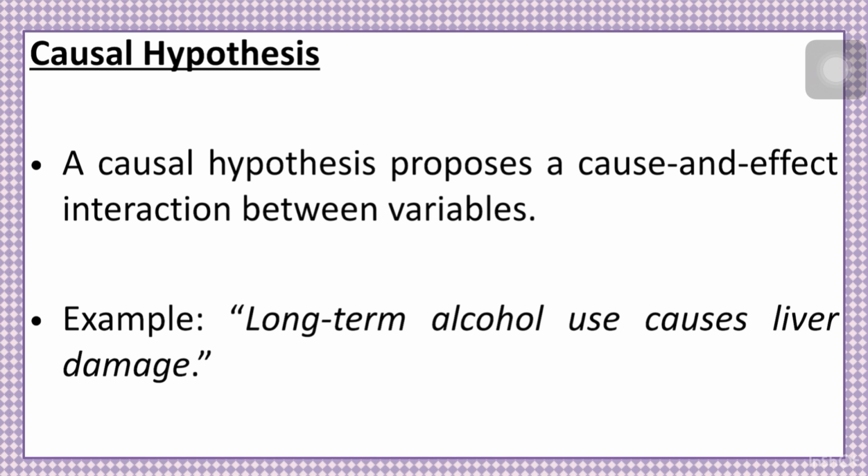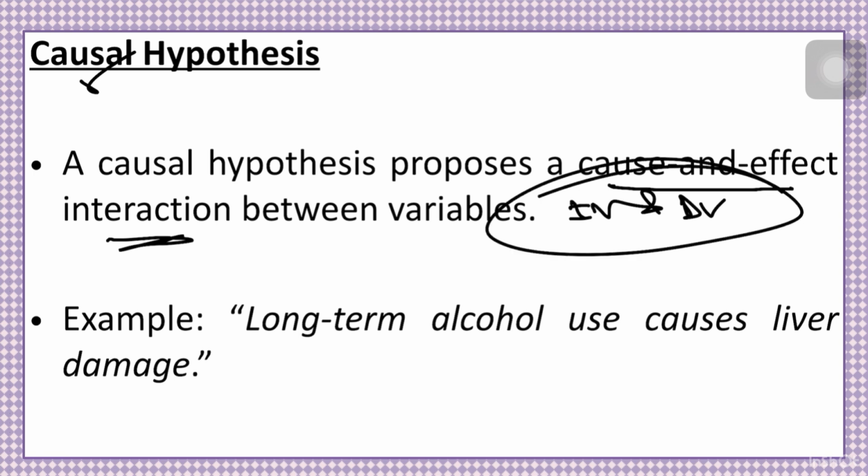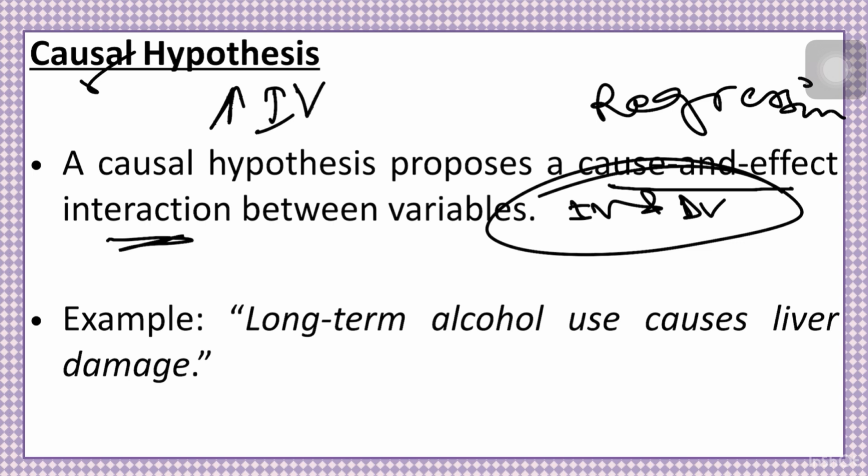The next type of hypothesis is the causal hypothesis. This is the cause and effect interaction between independent and dependent variable. So how do we explore cause and effect? Through regression. This means if I increase my independent variable, whether I am able to observe any changes in my dependent variable or not.